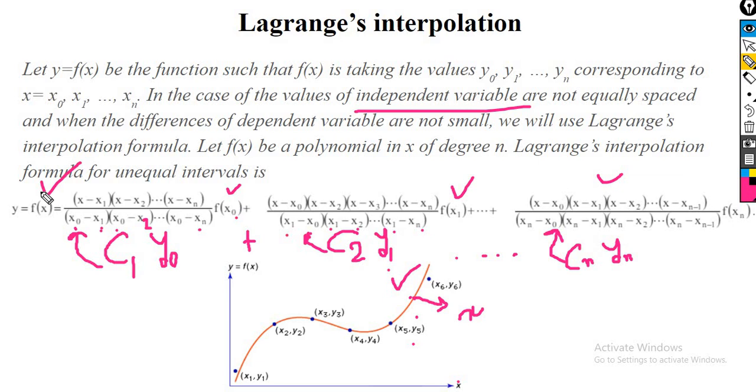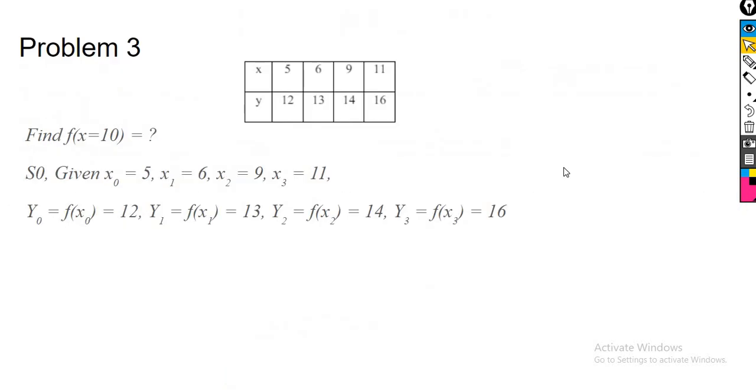Now we will consider a numerical problem by which we can get the unknown function value. Here we have a set of values where the independent variable x values and the function values are given: 5, 6, 9 and 11. Just see they are equally spaced.